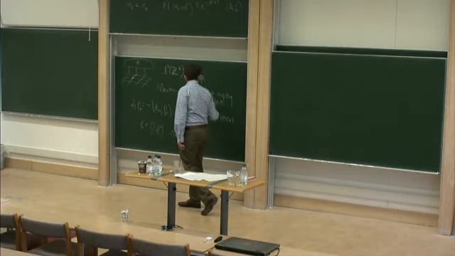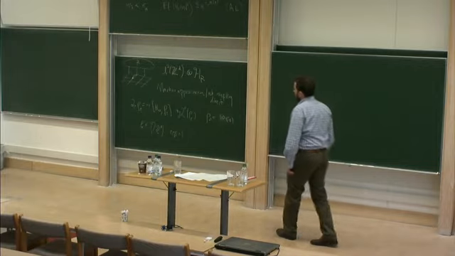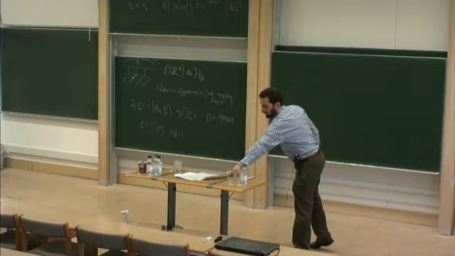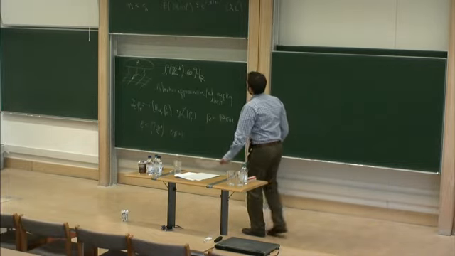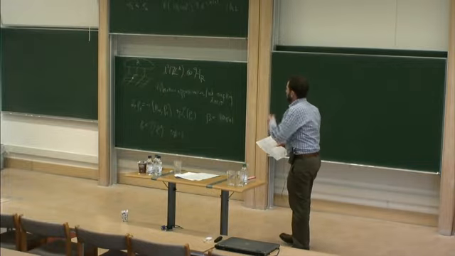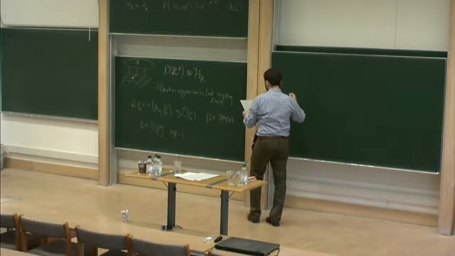But in this weak coupling limit, I can get an equation that closes for the density matrix on its own. But it's no longer the Schrodinger equation for the wave function. It's this more general thing.